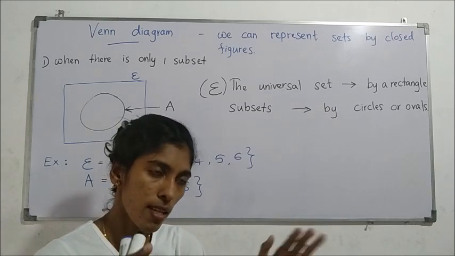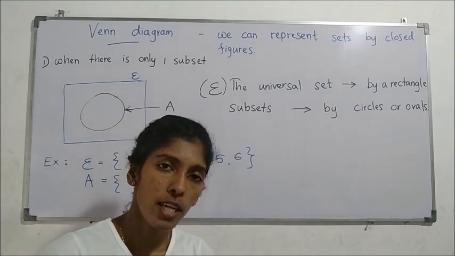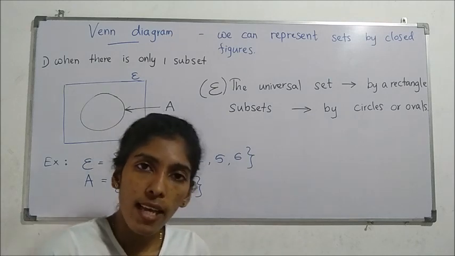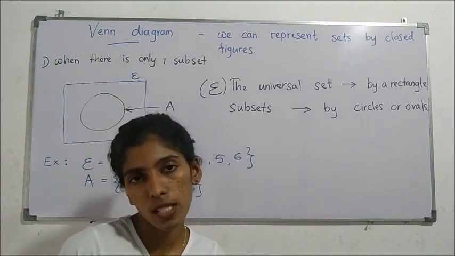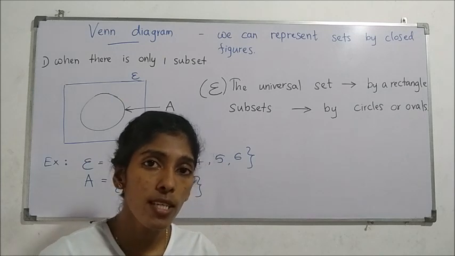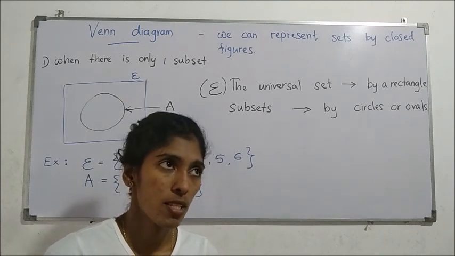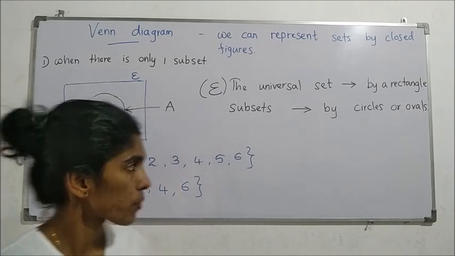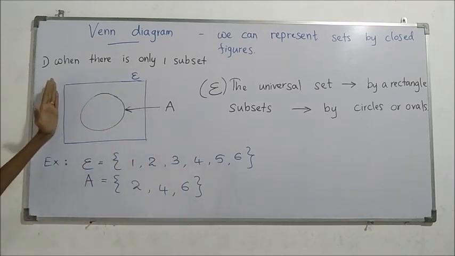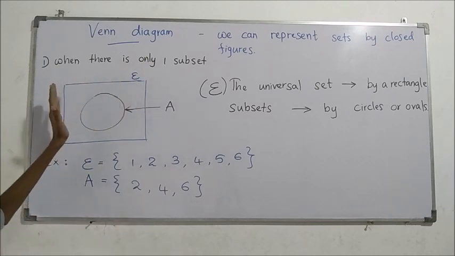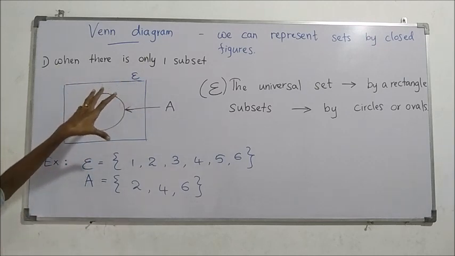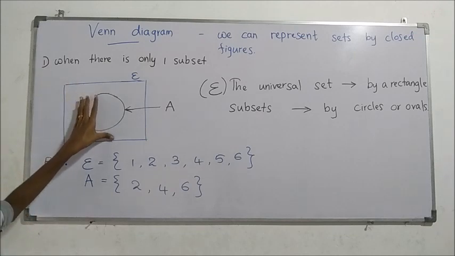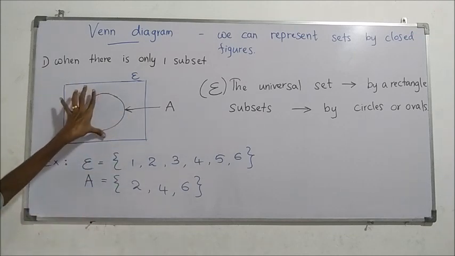The rectangular part completely represents the universal set, and inside that rectangle we can include circles or ovals to represent the subsets. The subsets of what? The subsets of the universal set. See, this is the universal set. In it there can be one or more subsets, but here we learn only about one subset.